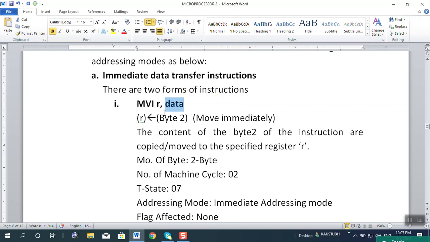Whatever this 8-bit data is will be copied, moved, or transferred to the specified register. So it is move immediately; the data immediately after the instruction is copied to the specified register. That is why it is called immediate addressing. The data has been given immediately after the instruction, and as a result it's a 2-byte instruction.